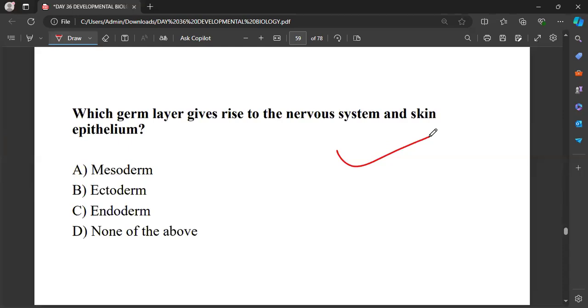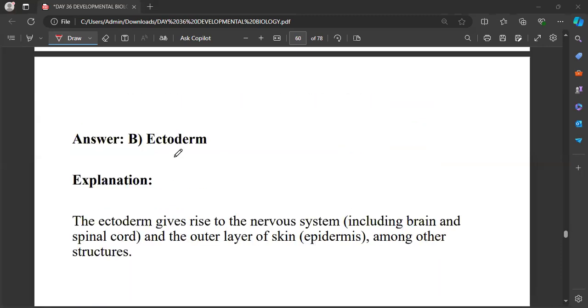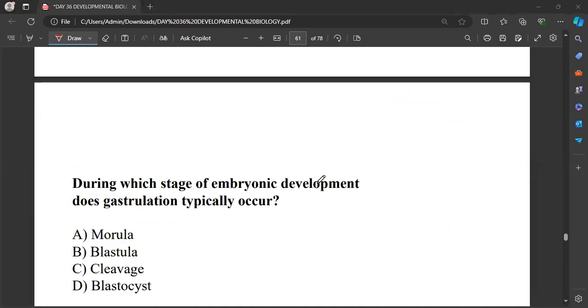Which germ layer gives rise to the nervous system and skin epithelium? That will obviously be the ectoderm. So you should know which layer gives rise to which organs.